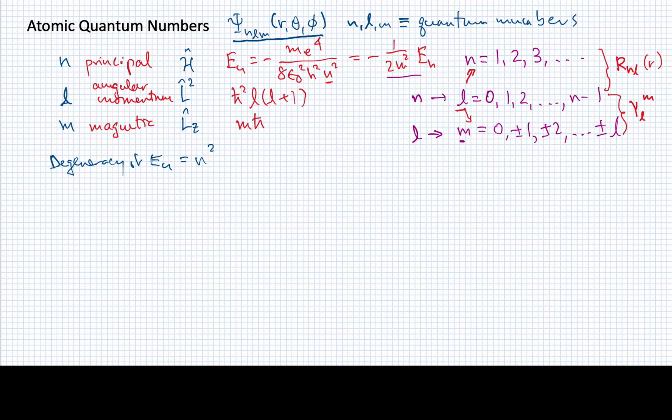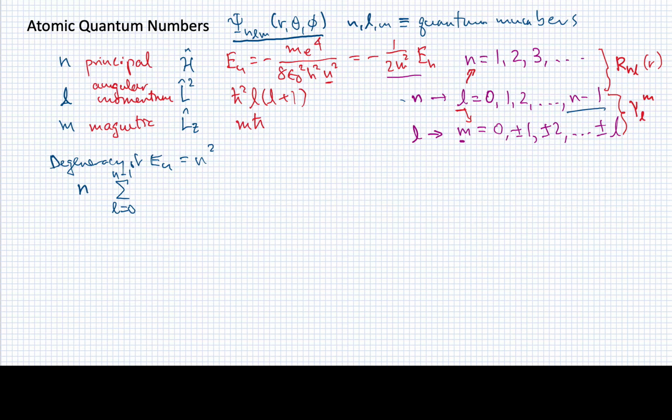Well, let's imagine using these limiting values that for any value of n, so I've got some value of n, how many different values of L can I have? Well, I can have values of L from L equals 0 to n minus 1. That's the maximum value of L that's possible.